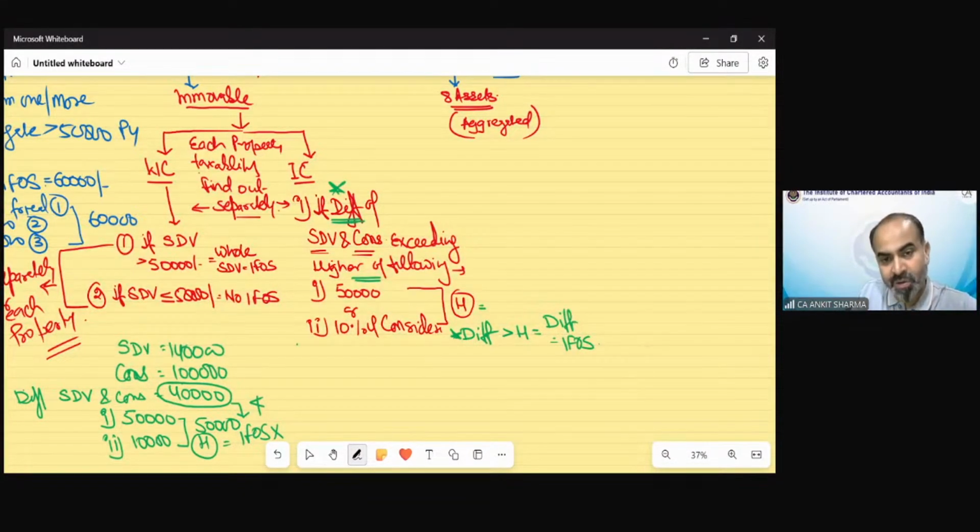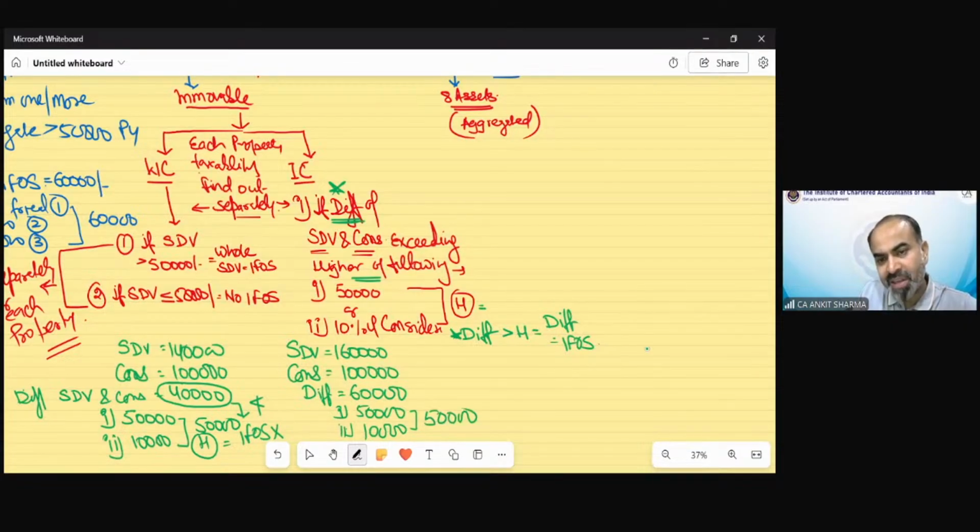Let me tell you the second example. Now take the stamp duty value as 1,60,000 and consideration as 1 lakh. Now the difference is 60,000. Now apply these 2 points, 50,000 and 10,000. Higher is 50,000.